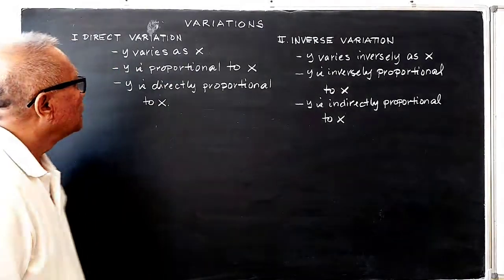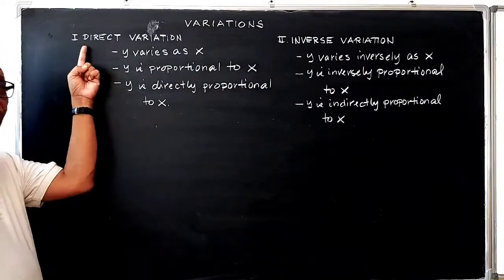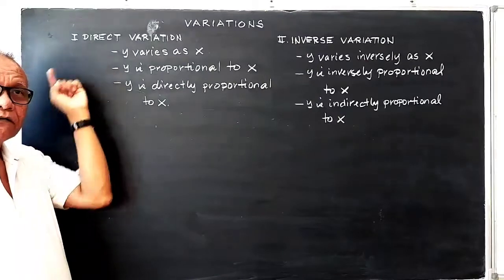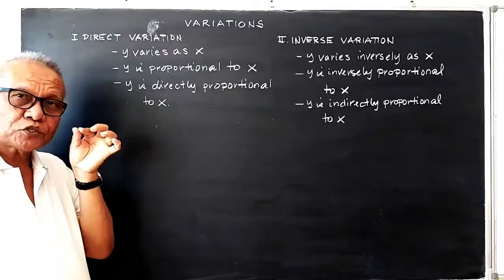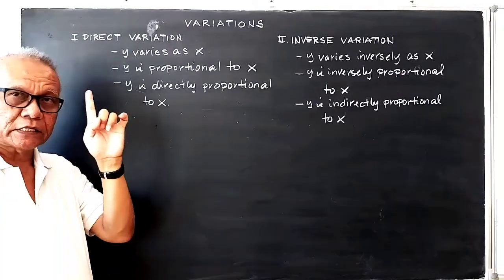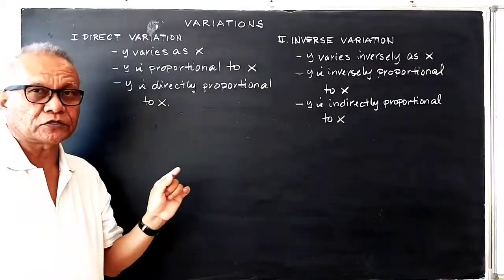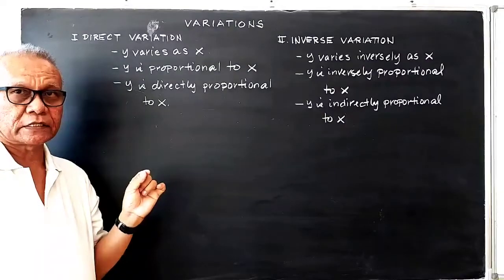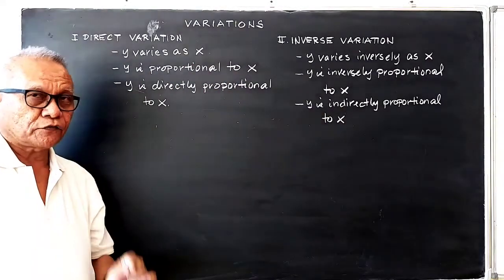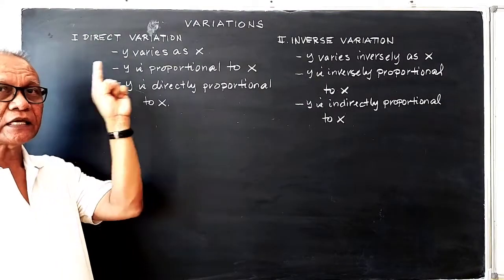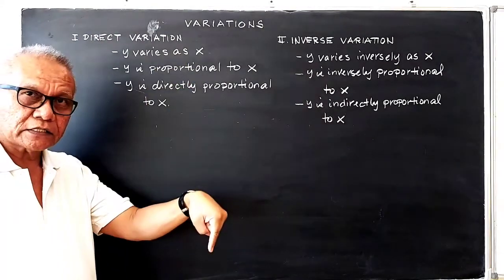Okay. So we have here the direct variation class. Direct variation means if the first quantity increases, the second quantity also increases. In inverse variation, that's the opposite. When the first quantity increases, the second quantity decreases.